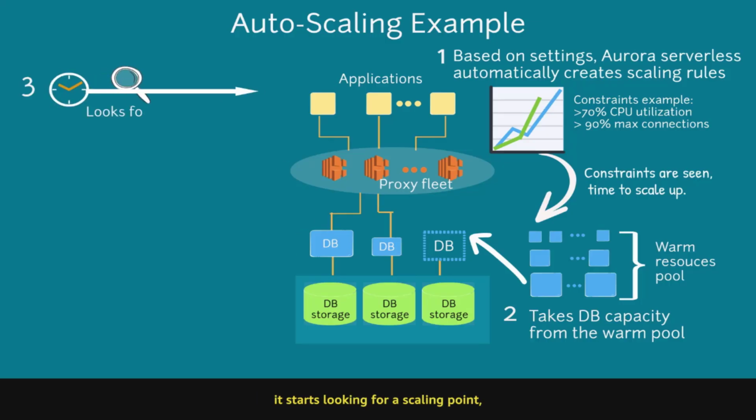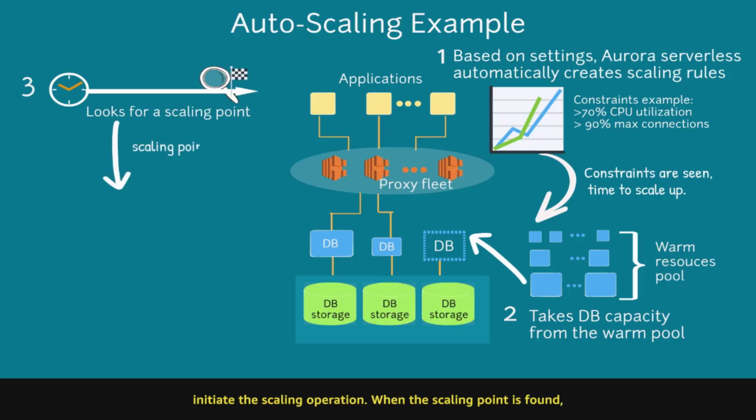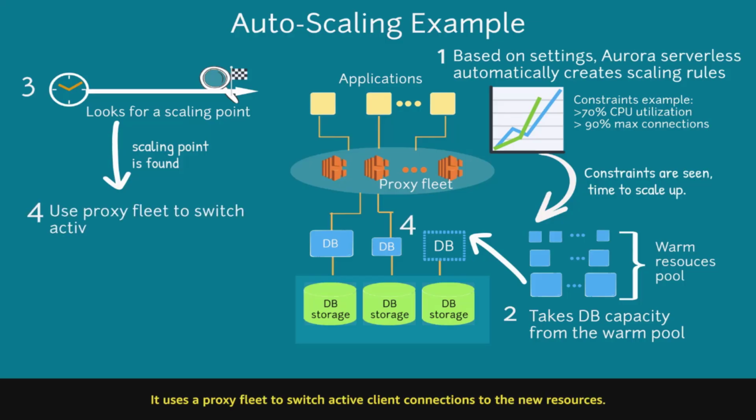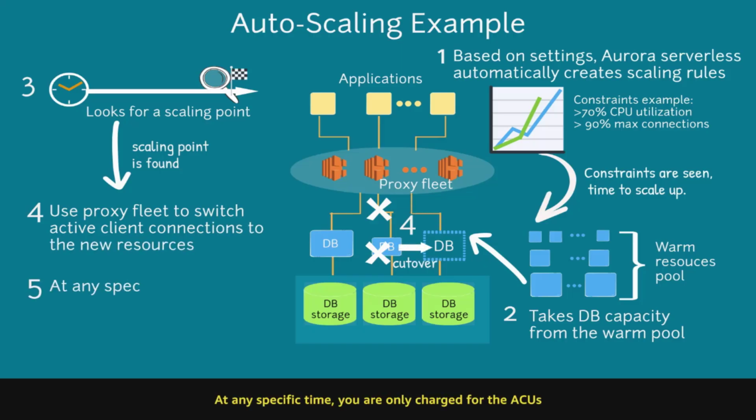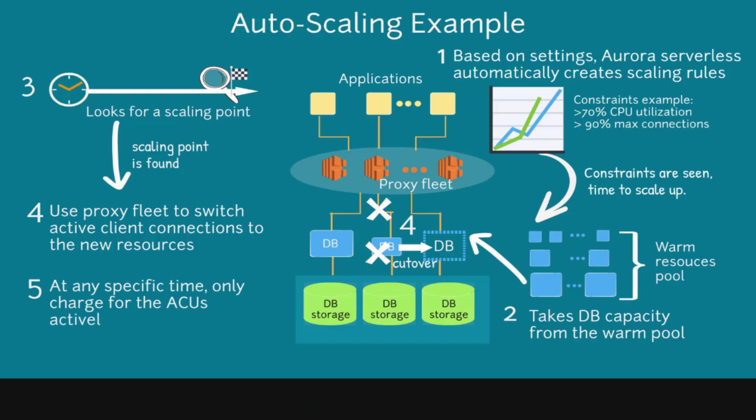Next, it starts looking for a scaling point, a point in time at which the database can safely initiate the scaling operation. When the scaling point is found, Aurora Serverless adds new resources to the Aurora DB cluster. It uses a proxy fleet to switch active client connections to the new resources. At any specific time, you are only charged for the ACUs that are being actively used in your Aurora DB cluster.